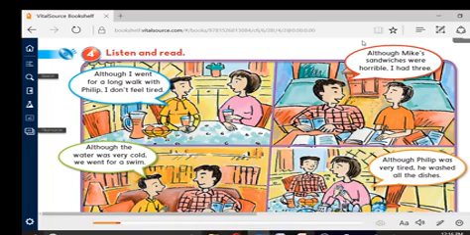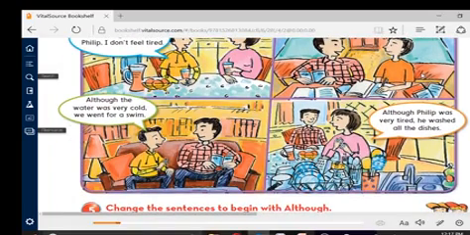Picture number 2. Although Mike's sandwiches were horrible, I had 3, okay? So Mike's sandwiches were so horrible, but I had 3, so we have here contrast, okay, between the 2 clauses. Look at the third picture.